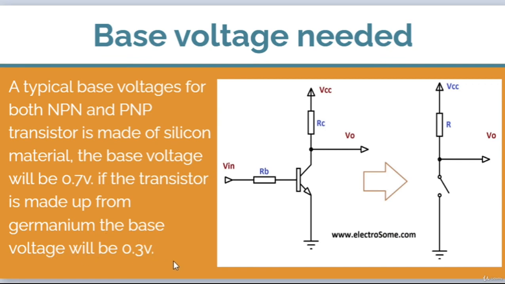So that means that if the transistor is made from silicon, the signal will be 0.7 volts, and if the transistor is made from germanium, the signal must be 0.3 volts to make the transistor work.